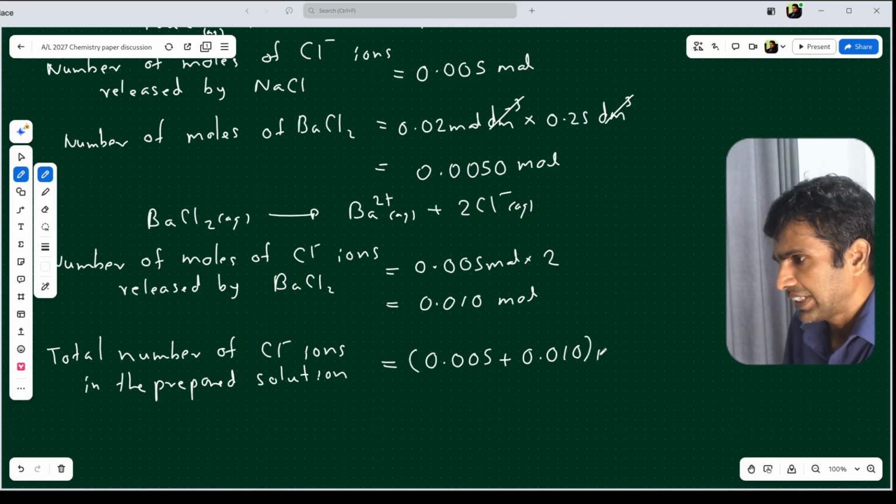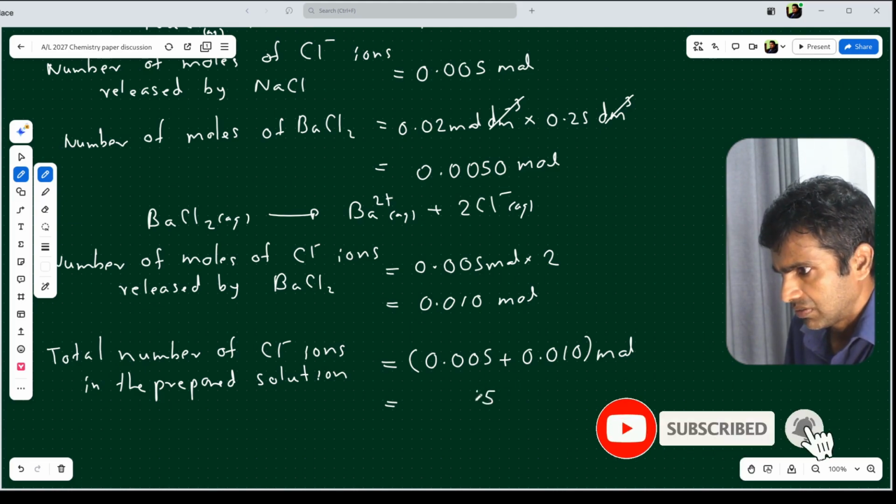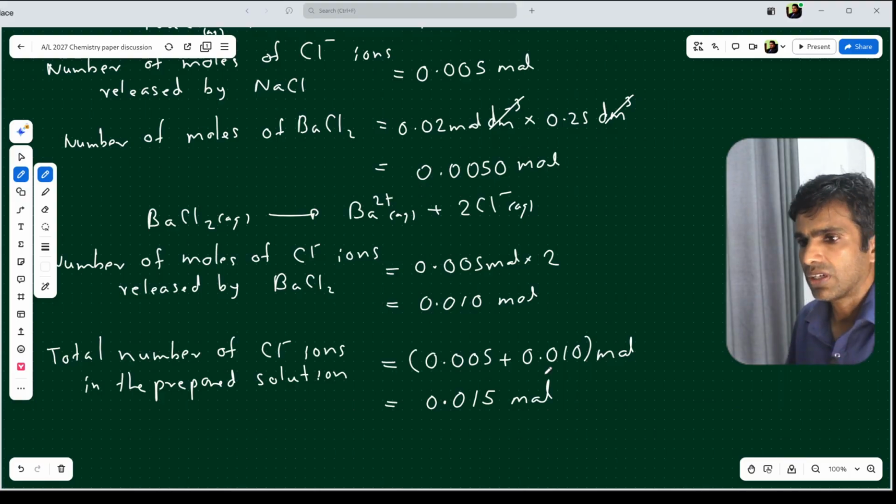From the sodium nitrate solution, there are no chloride ions. So the total is 0.015 moles. So this is the total number of chloride ions in the prepared solution.